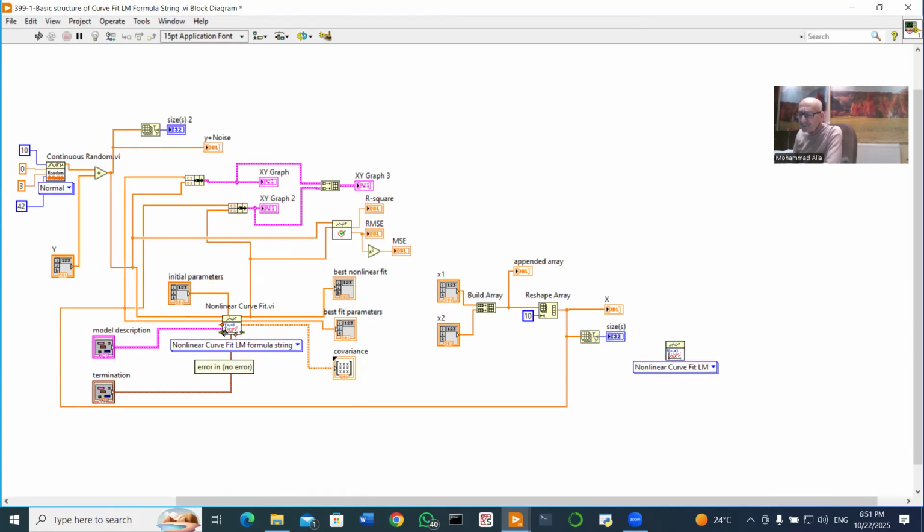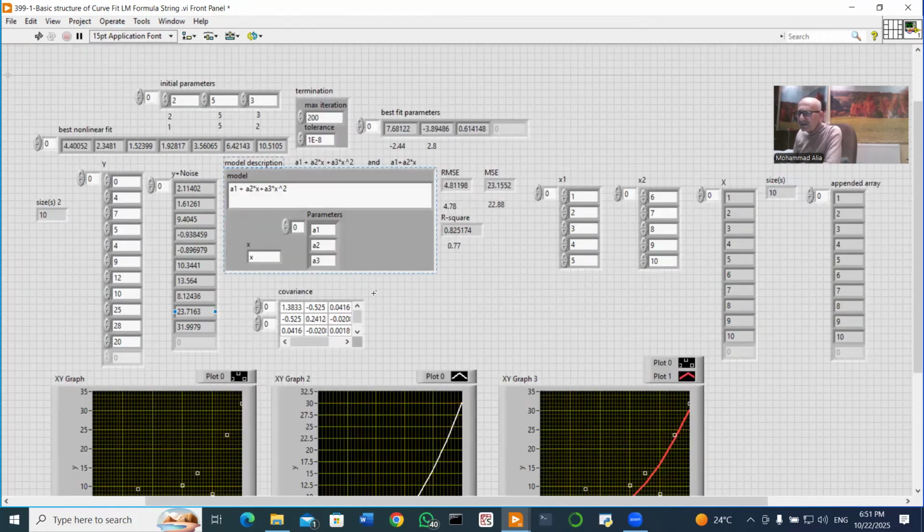Here you have an input which represents the input mathematical formula as a linear or nonlinear function. Here I am working with a nonlinear expression. The first coefficient here is A1, the free coefficient. The second coefficient A2 is multiplied by the variable x.